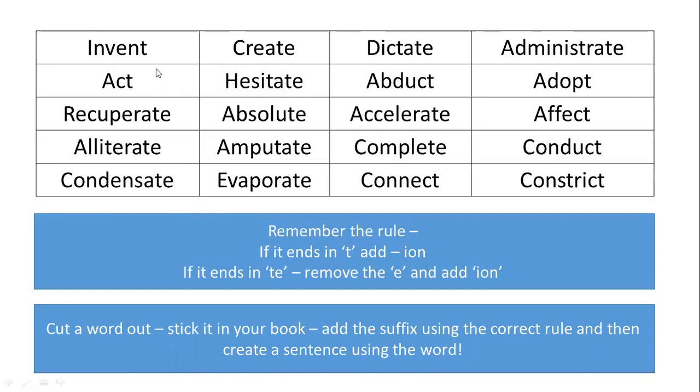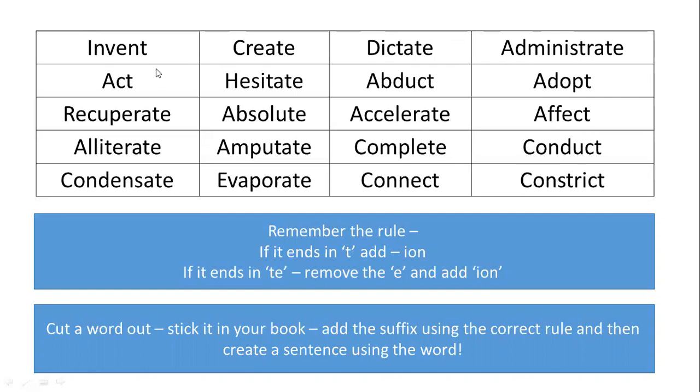So if I have T at the end of the word, I'm going to add ION only. Look at the other type of words. Invent has only T at the end, so I'm going to add ION to make invention. Invention.